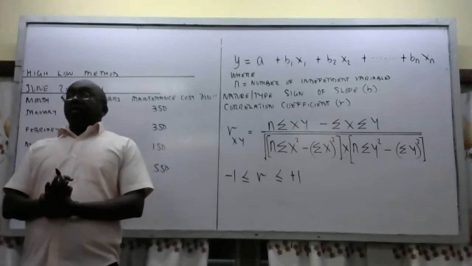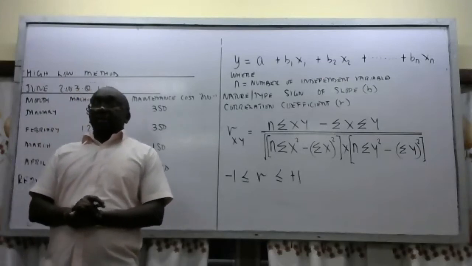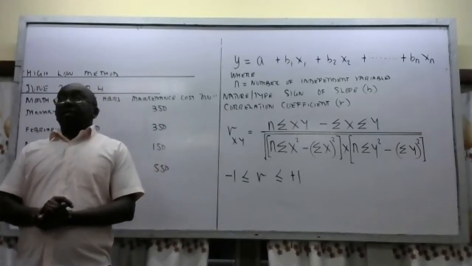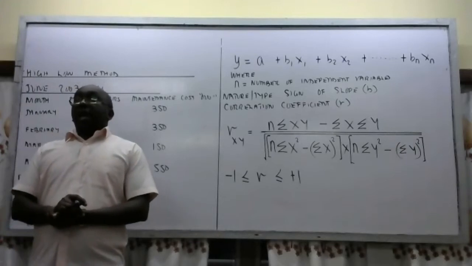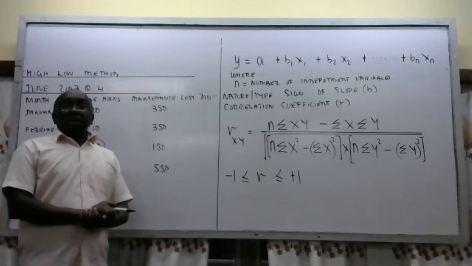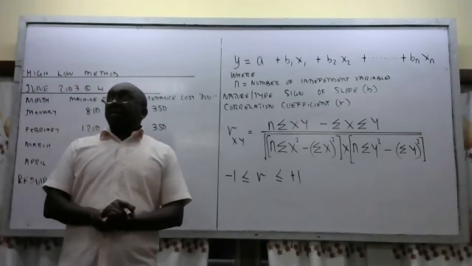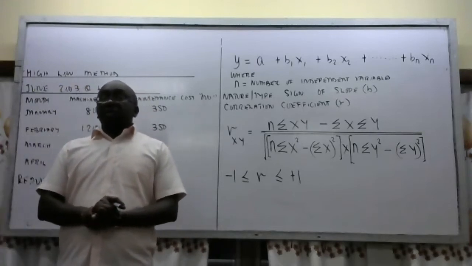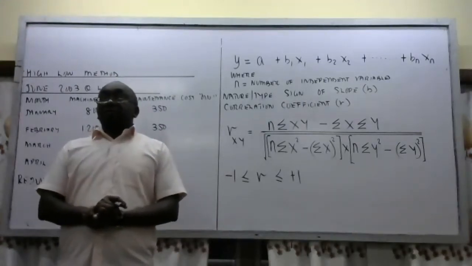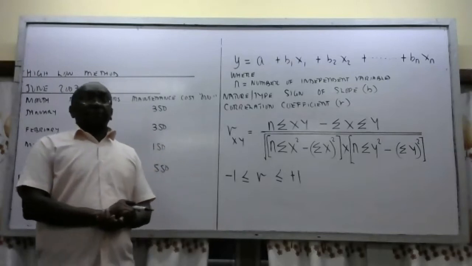Then down there, you write that there are 3 types of relationships.